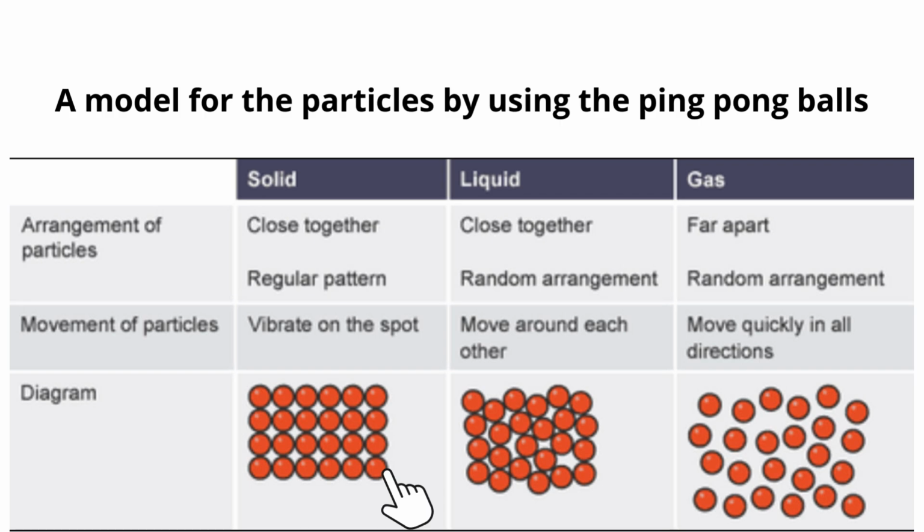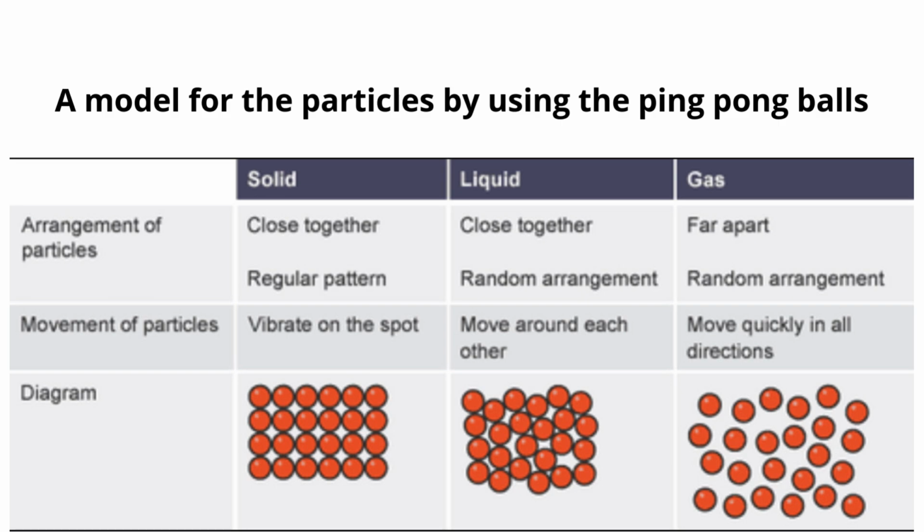If we make a model for the liquid particles, we will put the ping pong balls loosely attached, or loosely packed. And if we want to make a copy for the gas state, we will put the ping pong balls far from each other.